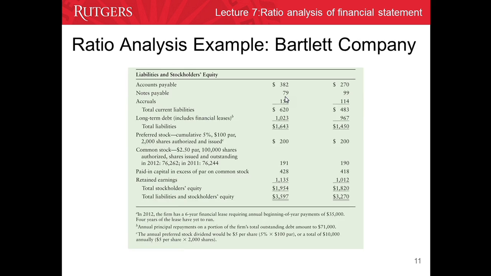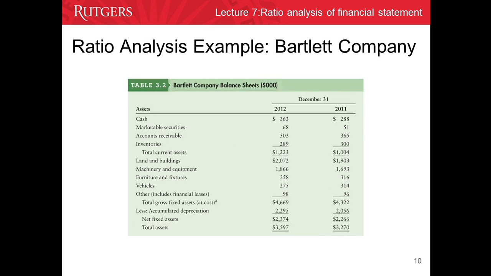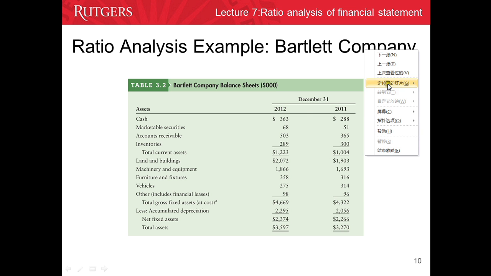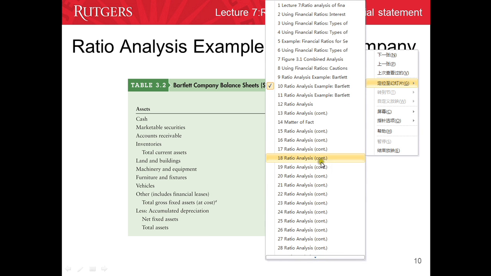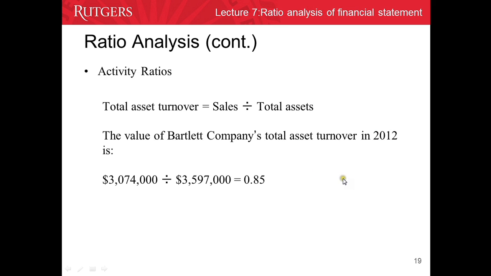Then we divide by the total assets, here is $3,597,000, to get the total asset turnover, which equals 0.85.